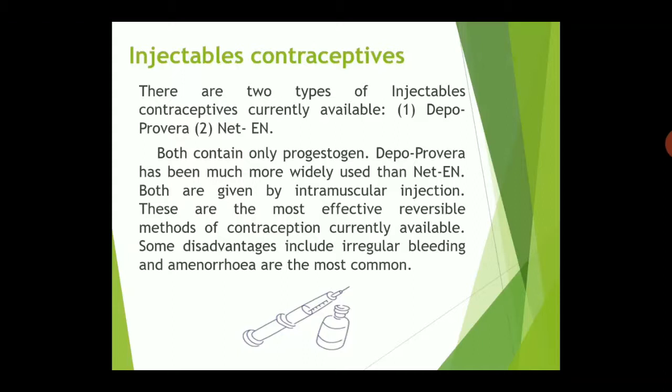Depo-Provera has been much more widely used than NET-EN. Both are intramuscular injections. These are the most effective reversible methods of contraception currently available. Some of the disadvantages of these contraceptives are side effects like irregular bleeding and amenorrhea.